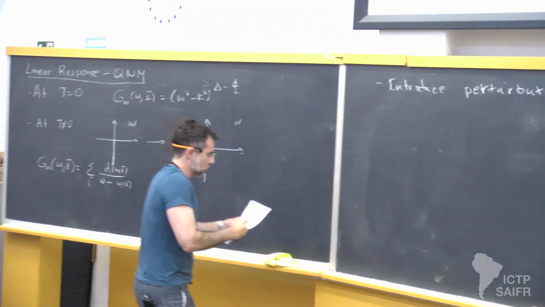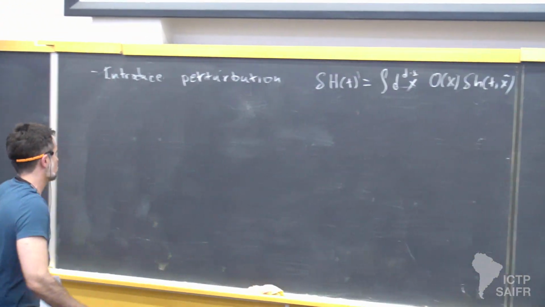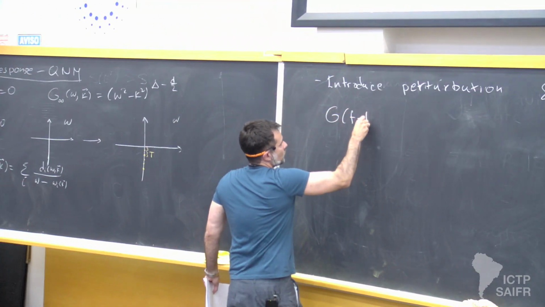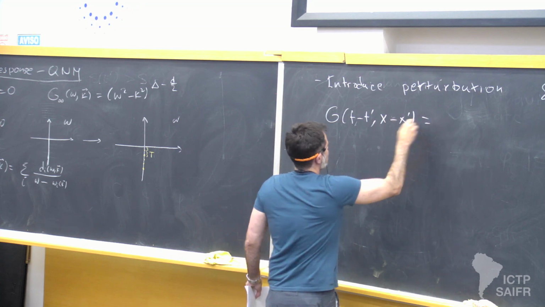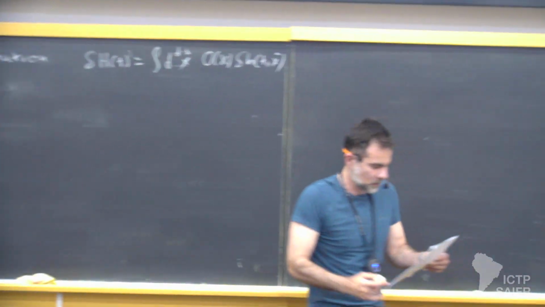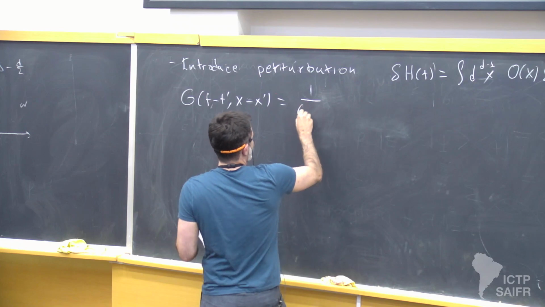Then I also want to define the Fourier transforms of the two-point function, right? So if in coordinate space the Green's function is G(t minus t', x minus x'), then I can be careful with factors of 2 pi.